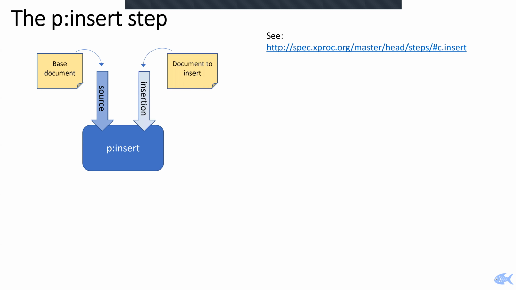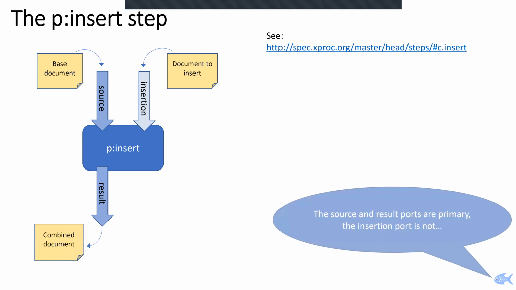It also has an insertion port through which a document to insert flows in. And the result is a combined document. And as the fish is so nice to point out for us, the source port and the result port are primary, but the insertion port is not. So there is never an implicit connection for the insertion port.